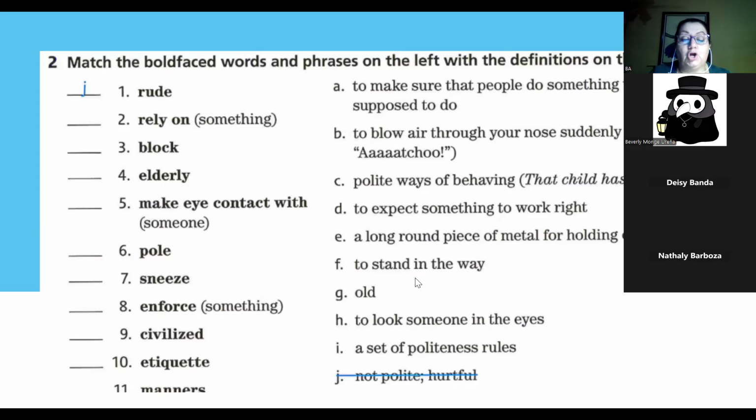Block. Old. Elderly. Elderly. To look someone in the eye. Make eye contact with. A set of politeness rules. Etiquette. Okay, and we have the first one. To make sure that people do something that they are supposed to do. Enforce. To enforce. That's what the police do. They enforce the law. Perfect.